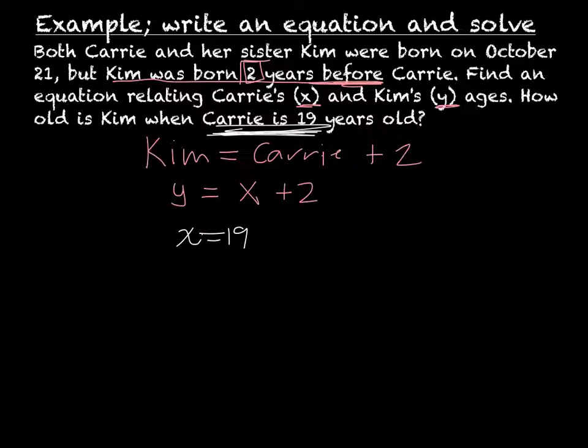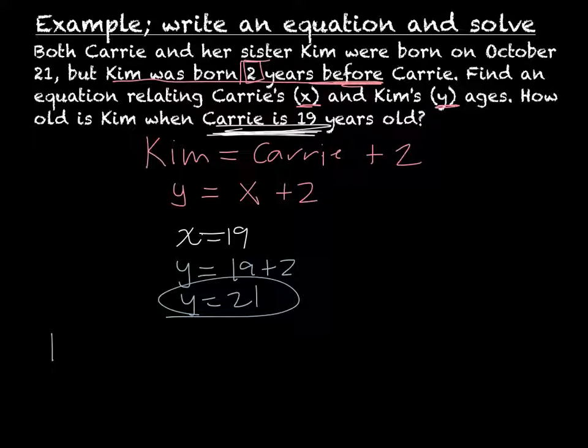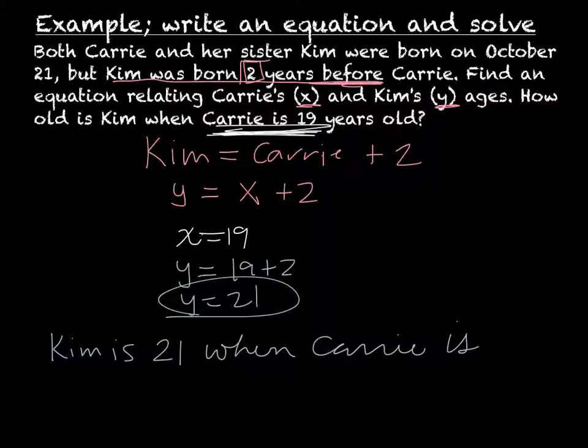And then I put it in. So y equals 19 plus 2. And y equals 21. So Kim is 21 when Carrie is 19. And that's your final answer.